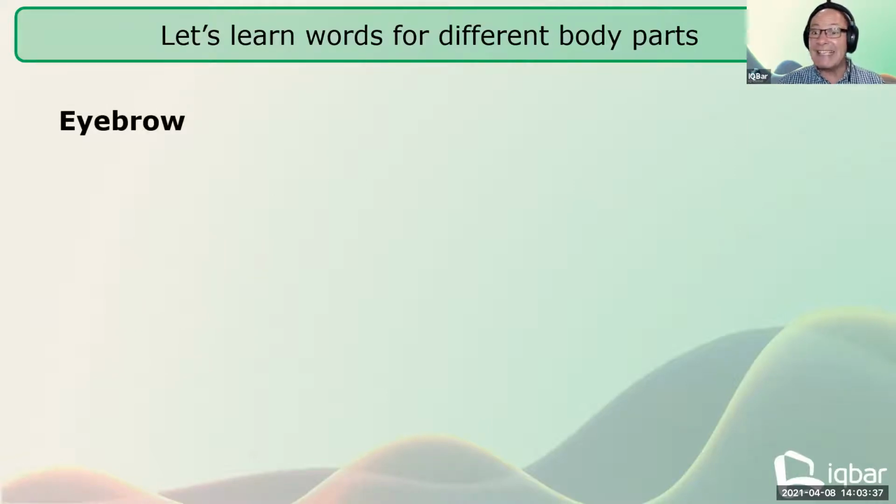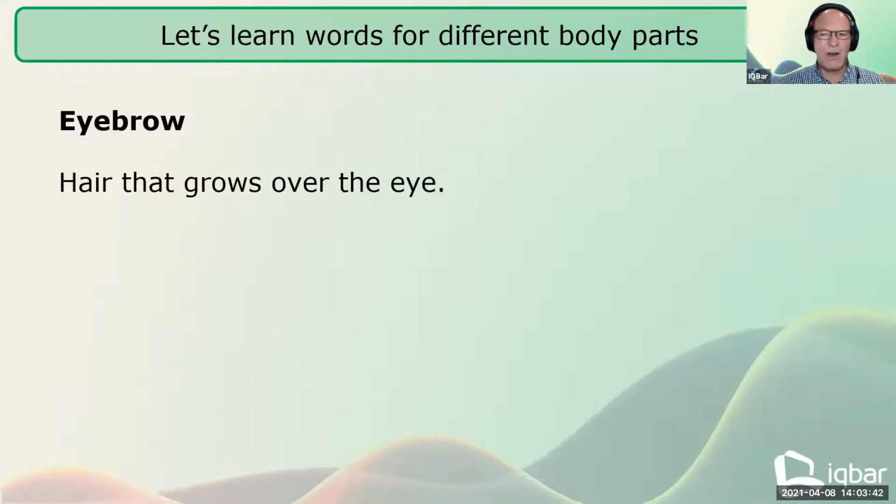The next one is eyebrow. Now, what are eyebrows? Eyebrows are hair that grows over the eye. Let's touch our eyebrows and feel them.